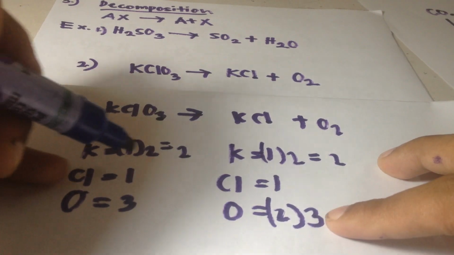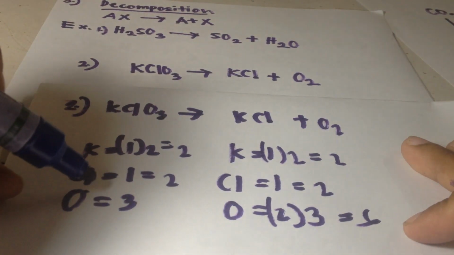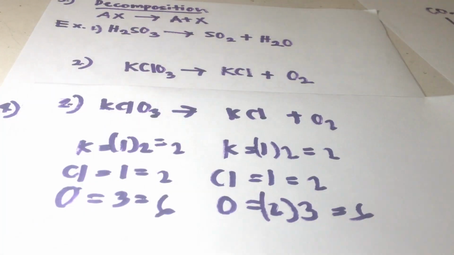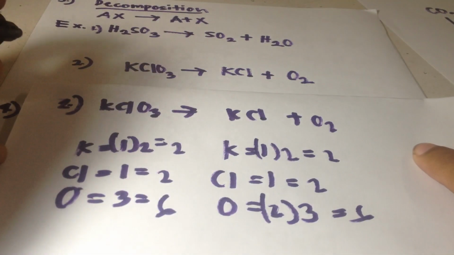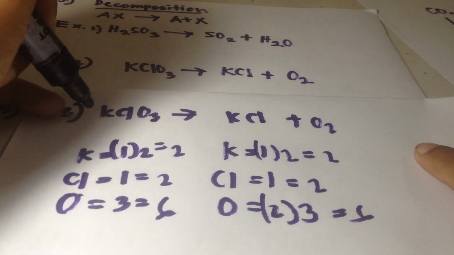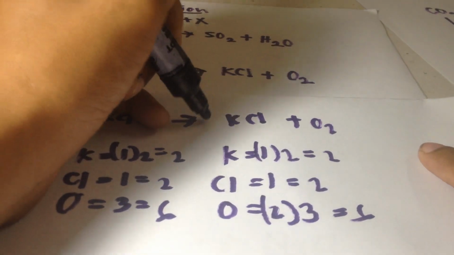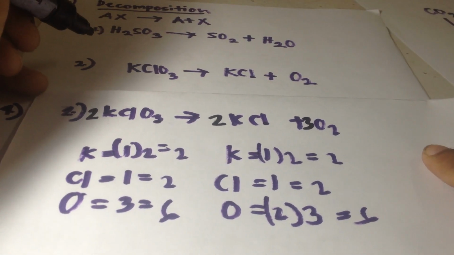So chlorine is equal to 2, and chlorine here also equals 2, and oxygen becomes 6 on both sides. So it's balanced. You need to put the coefficients: 2 here, and 2 here, and 3 here. So it is balanced.